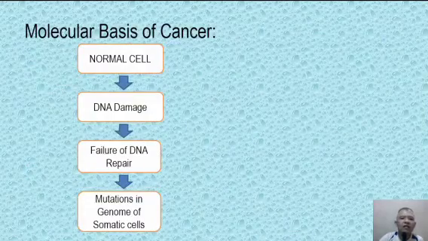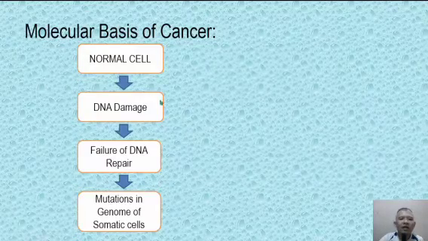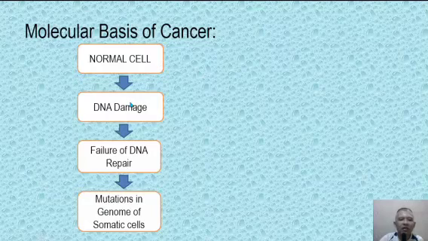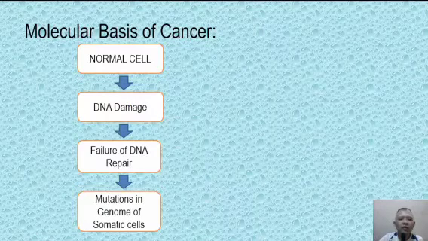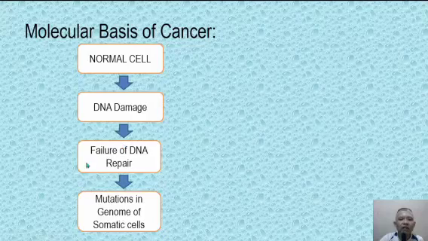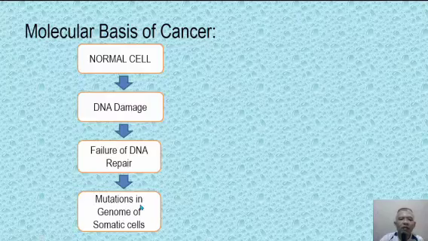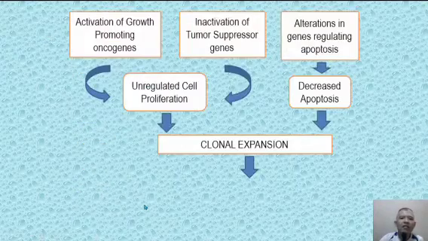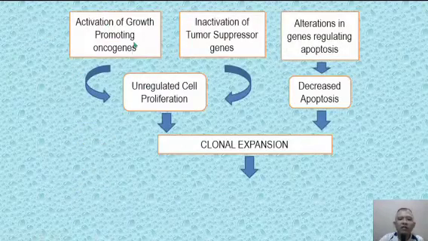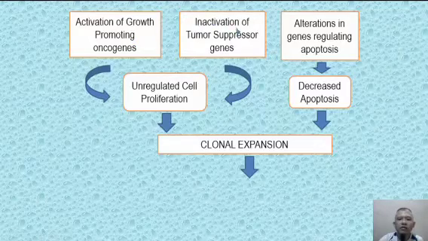So how does cancer come about? From a normal cell, you have damage in the DNA, whether environmental or a mutation, and the failure of DNA repair. You have mutations in the genome of the somatic cells. You have activation of the oncogenes as well as inactivation of the tumor suppressor genes.